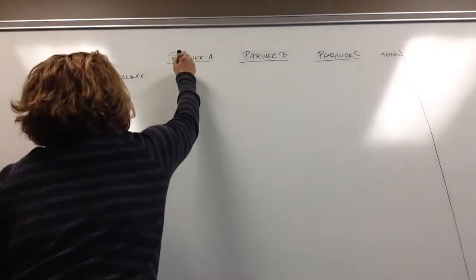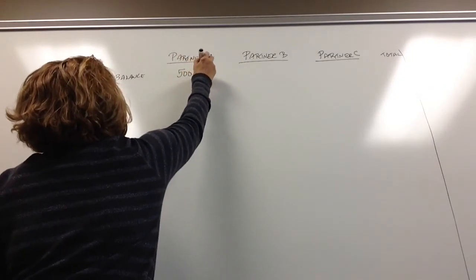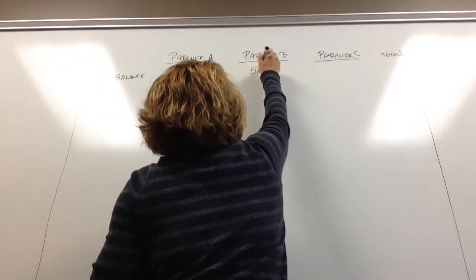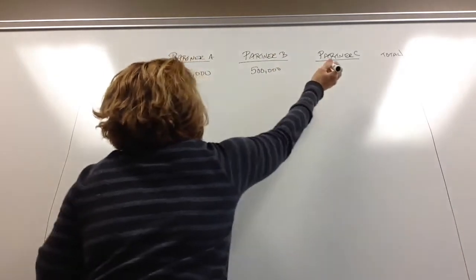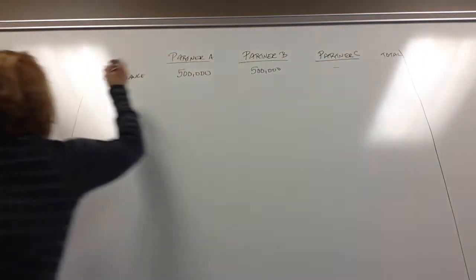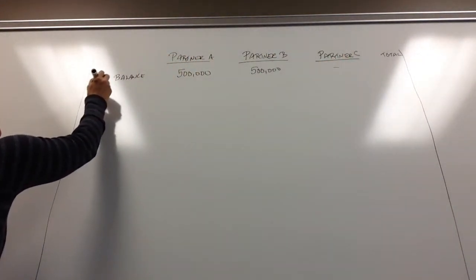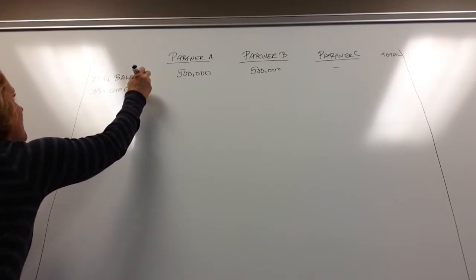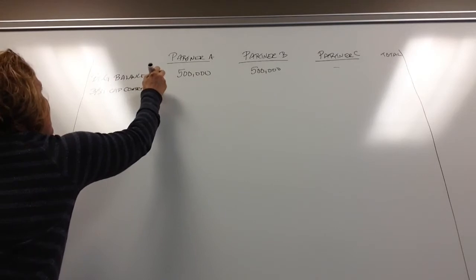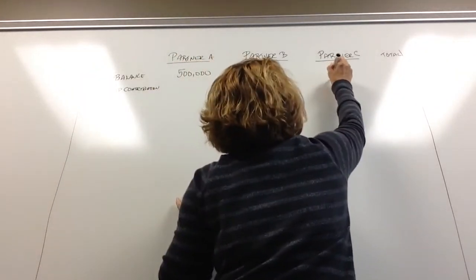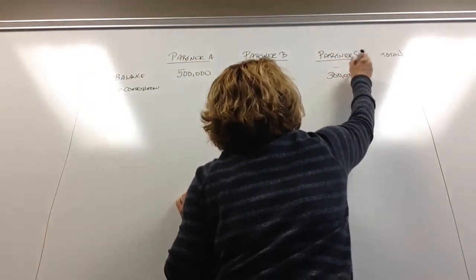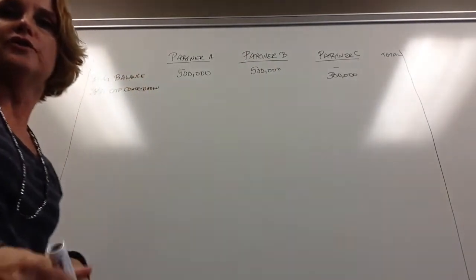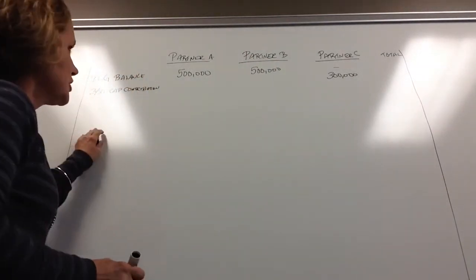So partner A has $500,000, partner B has $500,000, then partner C newly came in. So on 3/31, there's that capital contribution for partner C, and that is $300,000. Okay, so those are their beginning balances in their partnership accounts.